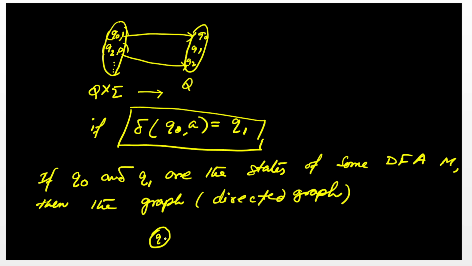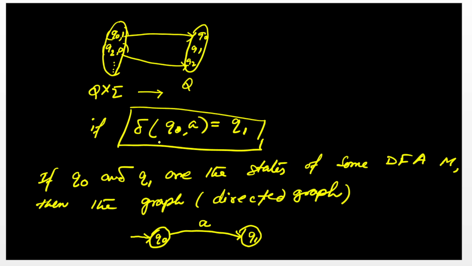One of the states is Q naught, and as it is the initial state, there is an incoming arrow to Q naught, and by taking A, suppose your present input symbol is A, you will move to the Q1 state. So this is basically a transition diagram corresponding to this transition function.